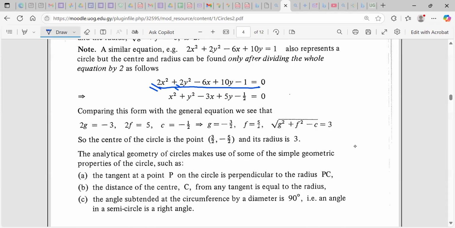And they suggested dividing everything by two, and then especially with that half there, don't try to complete the square. You'll have some horrible fractions to deal with, so comparing it with the general equation could really help you to quickly figure out the center as well as the radius, right? Good.